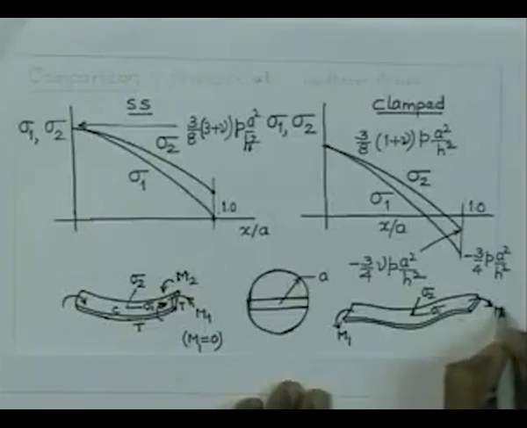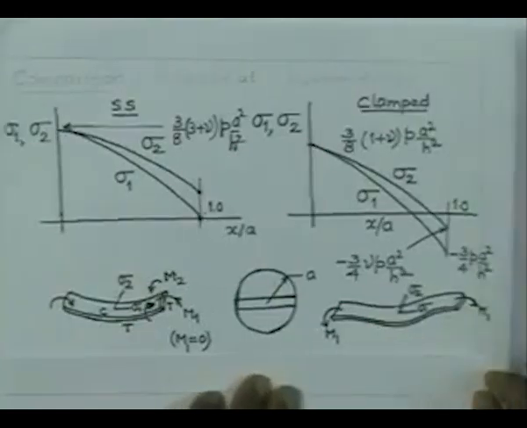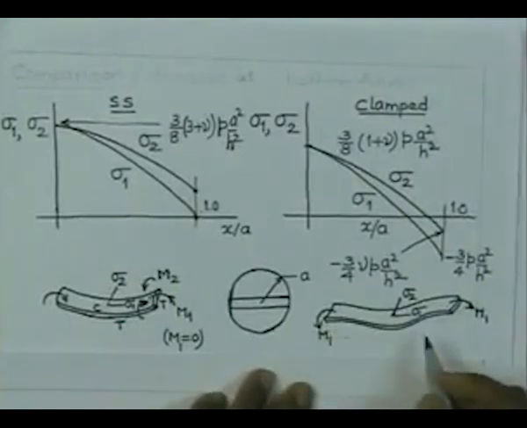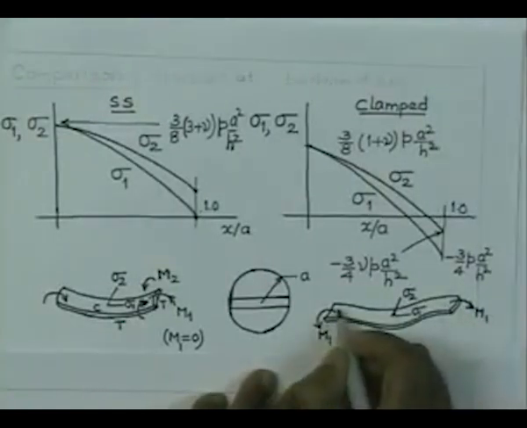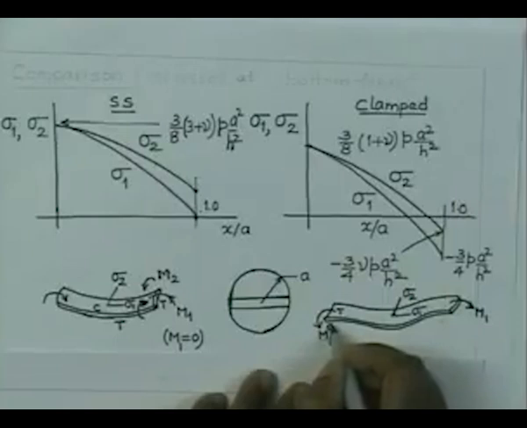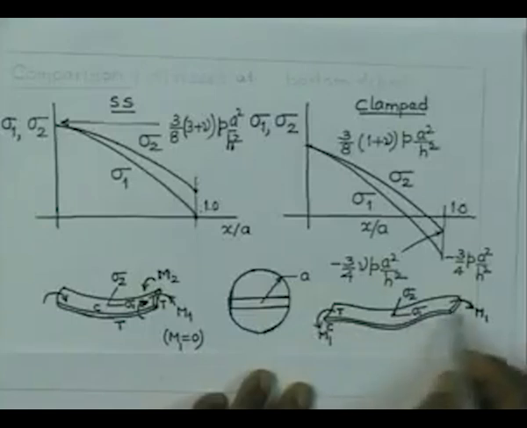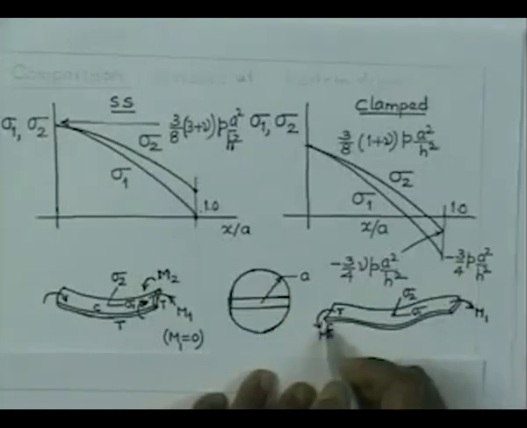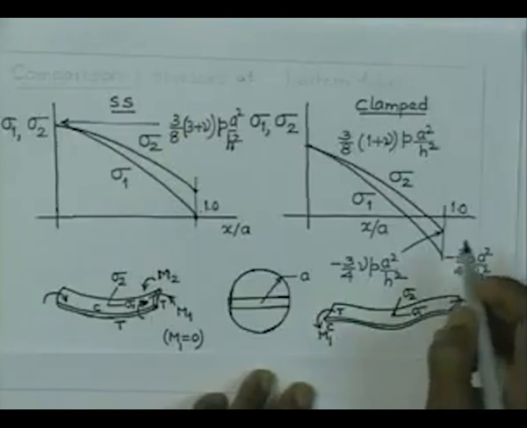So, this is the direction of moment m1, and under the action of this moment m1, we are going to get tensile stresses at the top and compressive stresses at the bottom. So, therefore, tensile stresses in the direction sigma 1, we are going to get compressive stress at the bottom.